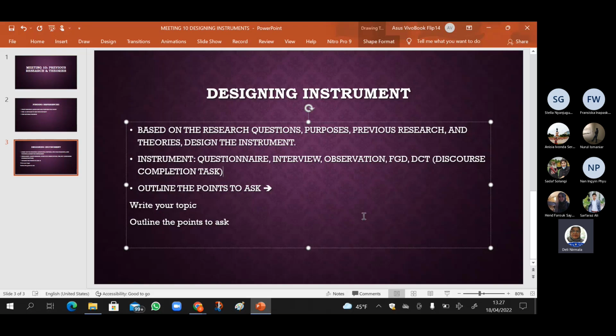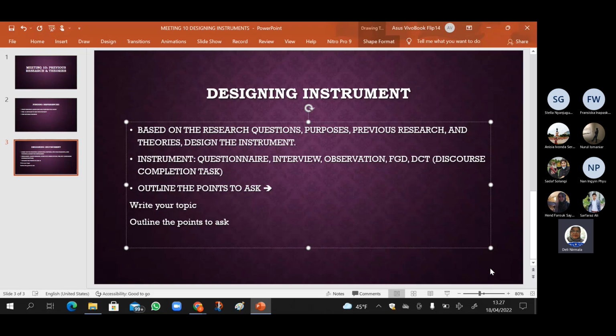And I think interview is flexible. All of these have advantages and disadvantages. They have their own strengths and weaknesses. So you may use more than one type of instrument if necessary to support each other. For example, if one is not enough, you have to add another type.